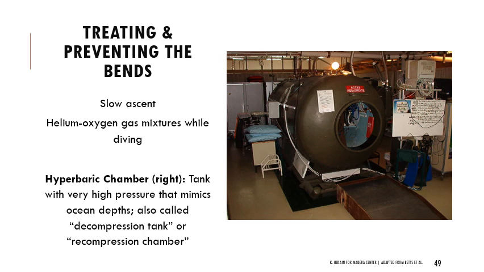This is a tank with very high pressure that's going to mimic the environment of the deep ocean. And so that is basically allowing you to go through this process of a slow ascent. So it puts you into an artificially high pressure environment and then slowly decreases that pressure, giving you time to remove the nitrogen from your body. It's also called a decompression tank or recompression chamber.